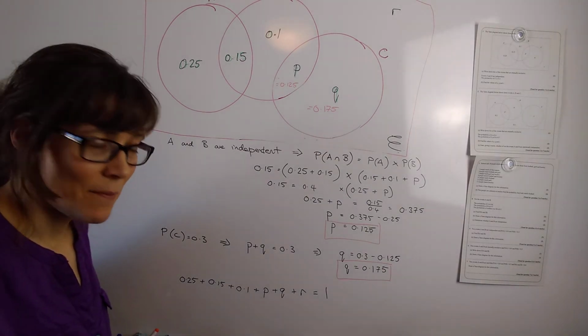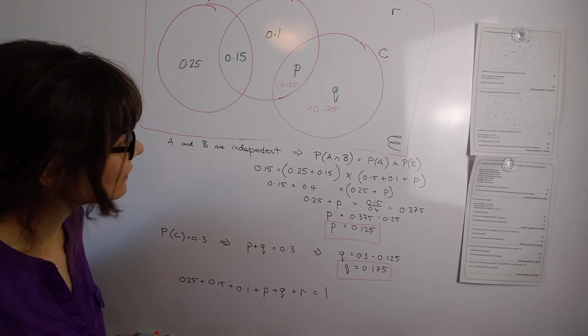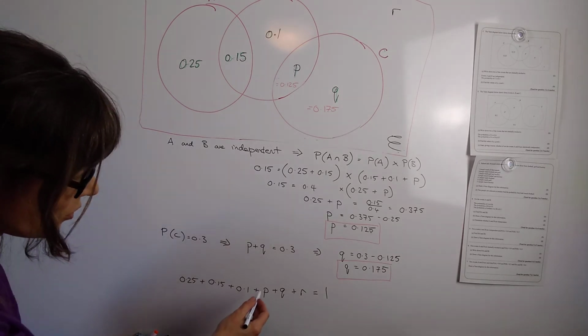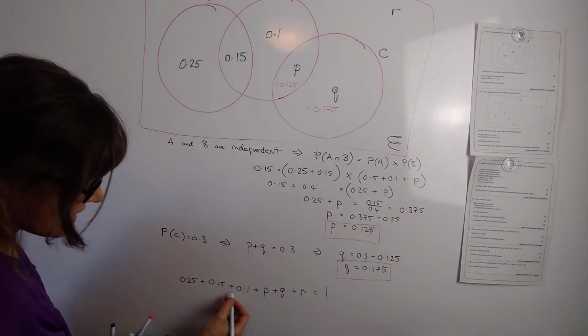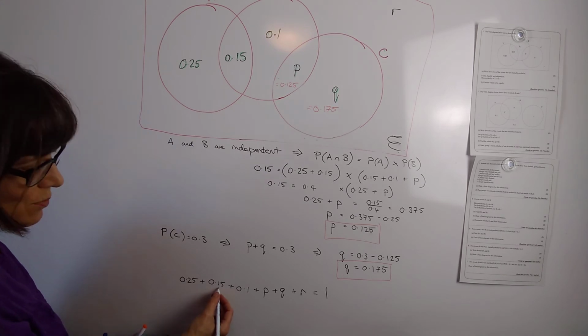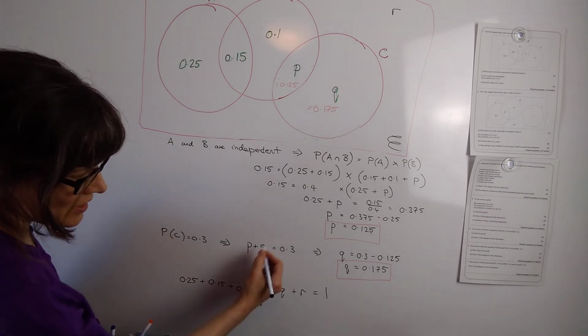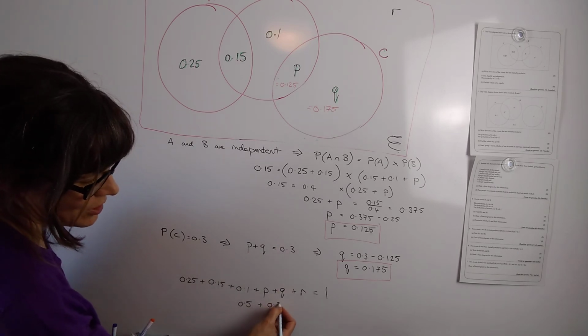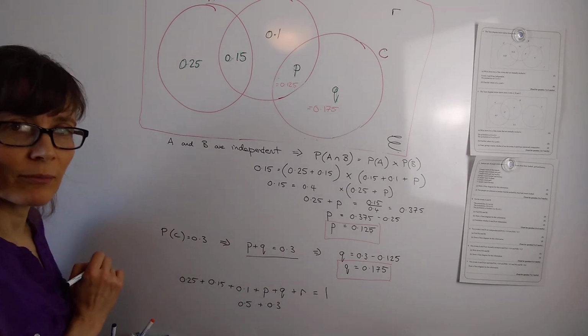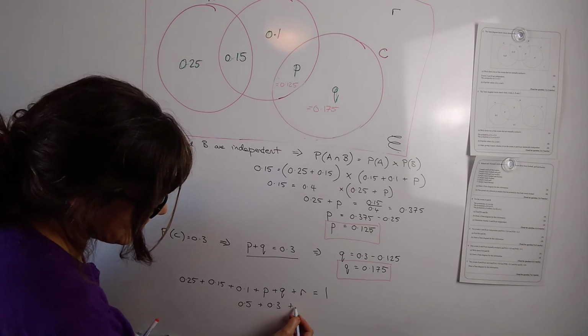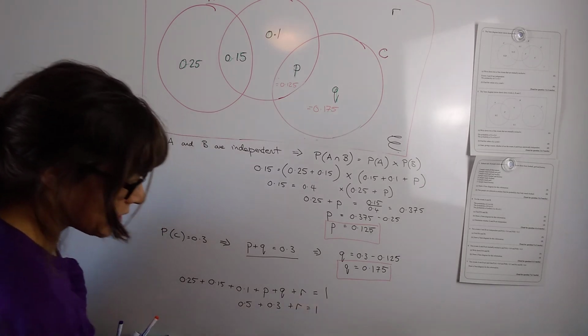And from there, I've got P plus Q is 0.3, so I can start to add these together. This is 0.4, 0.5. These two added together are 0.3. I'm just going to steal that blatantly from there. Plus R equals 1.